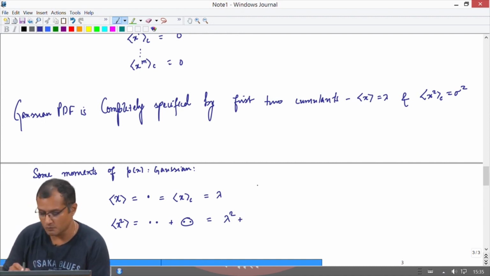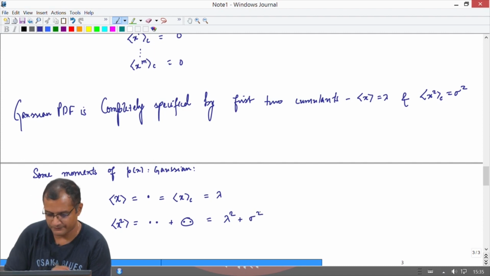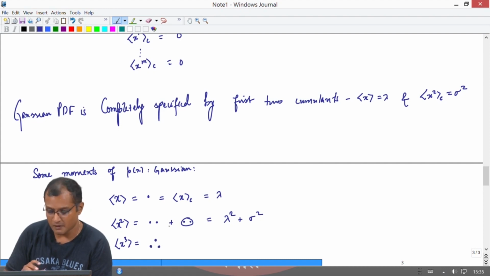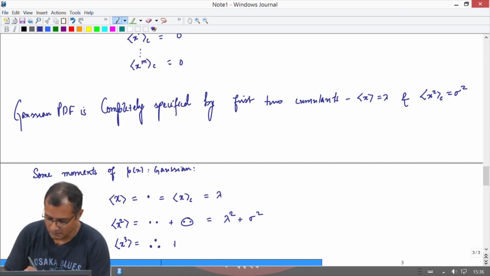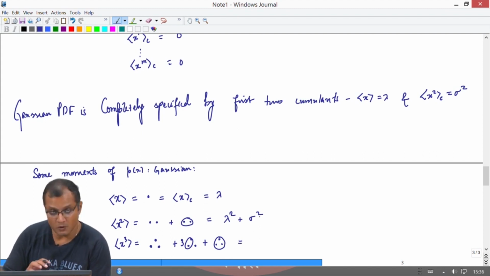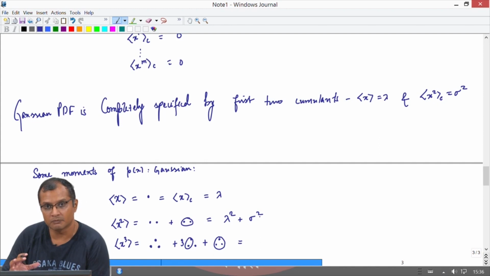So, this is the second cumulant, which is sigma square, and the third moment would be: you take 3 dots, but 3 dots can be disconnected, or you can connect 2 of them and leave the third guy, and there are 3 ways of doing it, and you have connections on all of them. Now, 3 open dots, as we know, are moments.